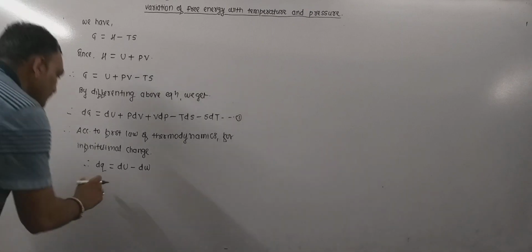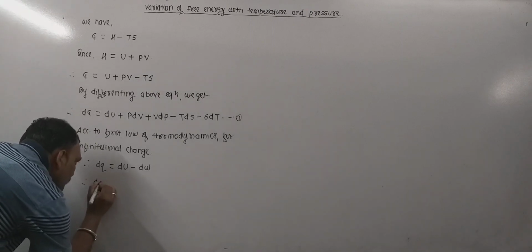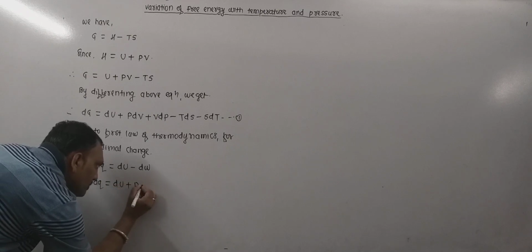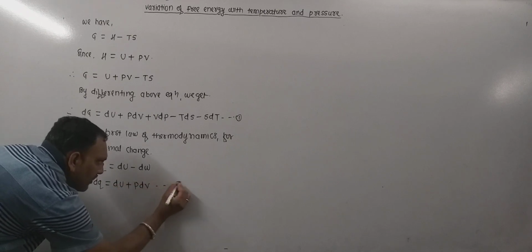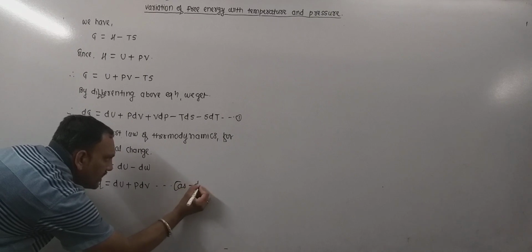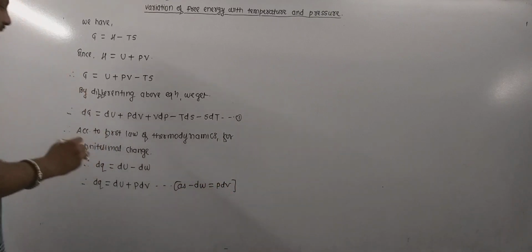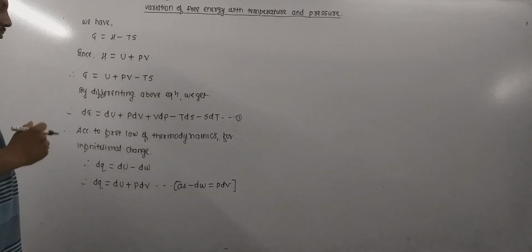Further this can be given as dq is equal to dU plus PdV, as minus dw is nothing but PdV for infinitesimal small change.